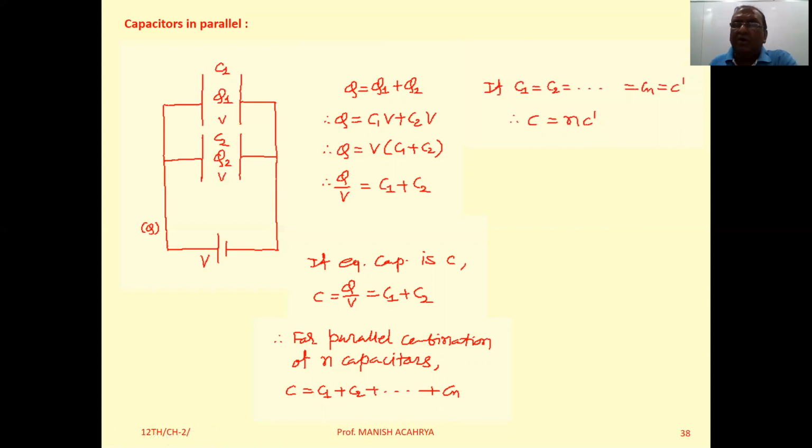If all the capacitors have the same capacitance, suppose we write C1 equal to C2 up to Cn equal to C dash, then the equivalent capacitance will be n C dash. Clear to all of you? Now in the parallel combination of capacitors, the resultant capacitance will be greater than the largest one connected in the combination. Clear?